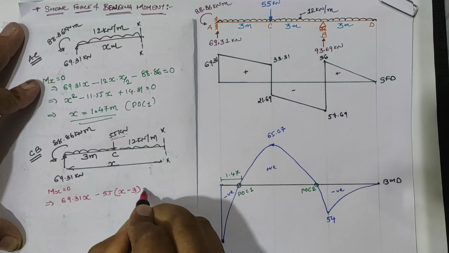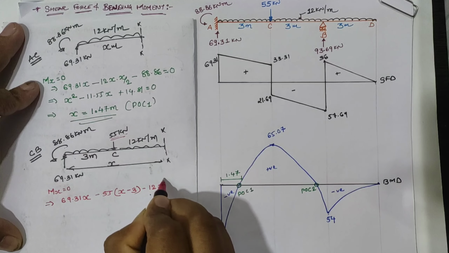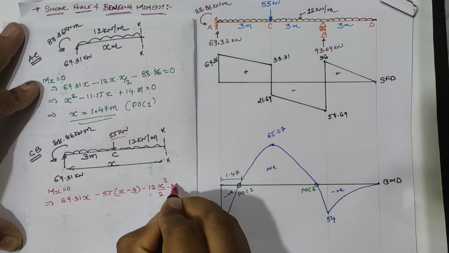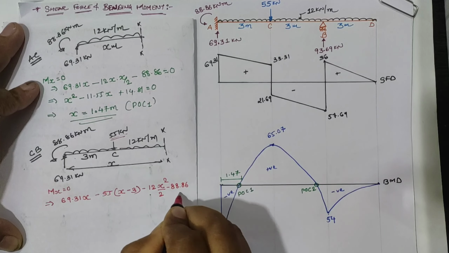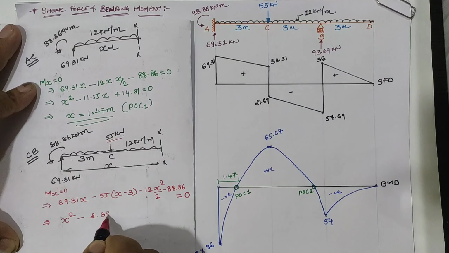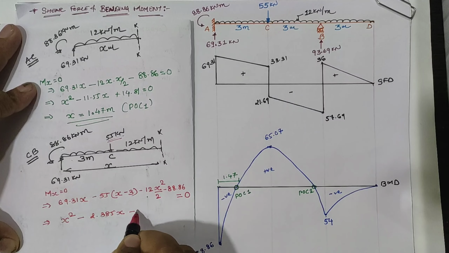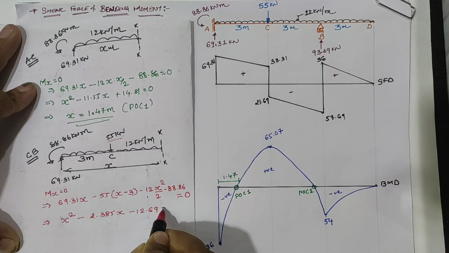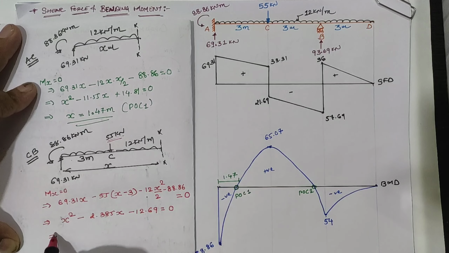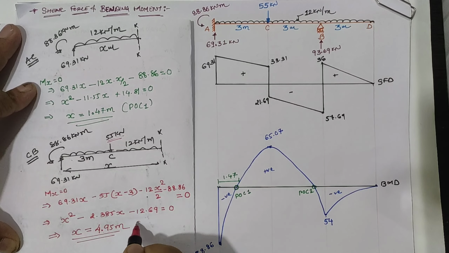For UDL it is minus 12 into x by 2, and for the anticlockwise moment it is minus 88.86, which must be equal to 0. Solving this quadratic equation, we have x equal to 4.95 meter as the location of POC 2.